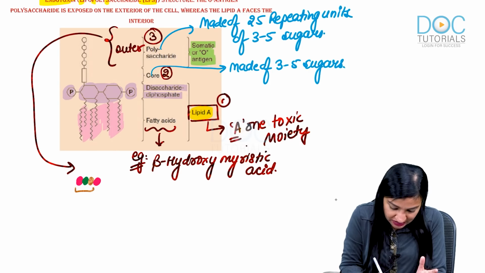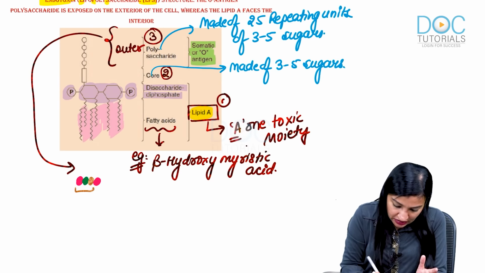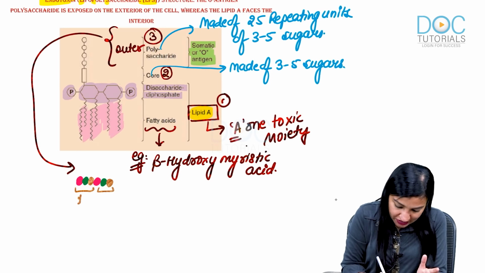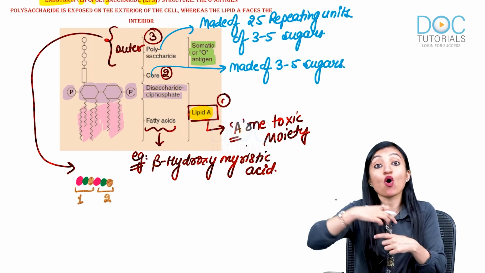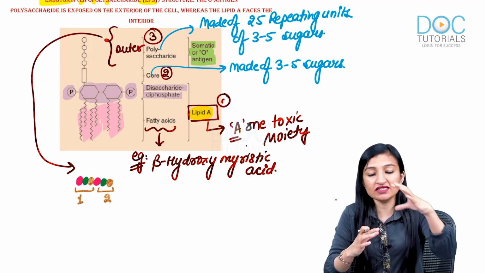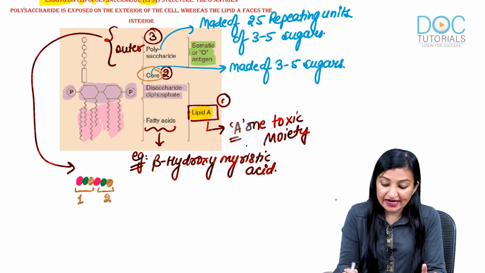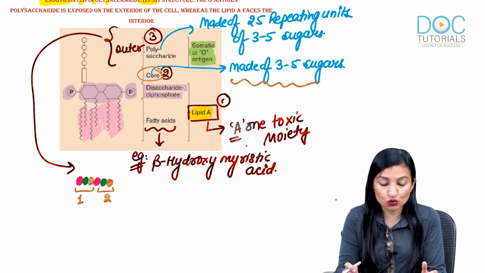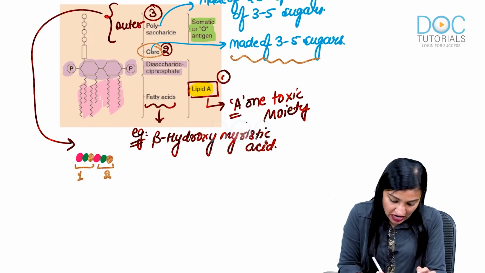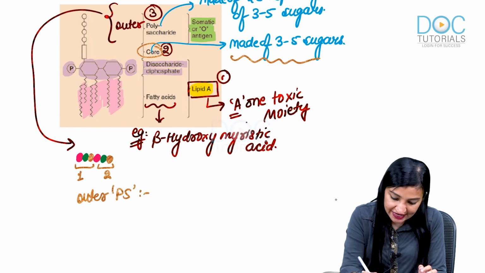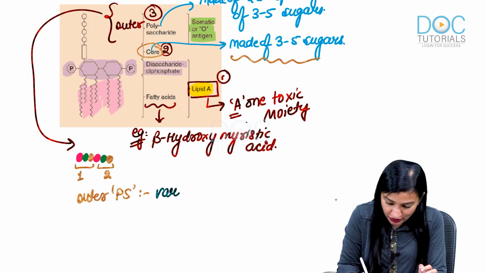In the outer polysaccharide, for instance, the unit pink, green and golden is repeated like this. So this is 1 unit, this is the 2nd unit, so it is a polysaccharide. This is the outer polysaccharide, whereas the core polysaccharide is made up of a limited number of sugars. And the outer polysaccharide, outer PS, it varies a lot.